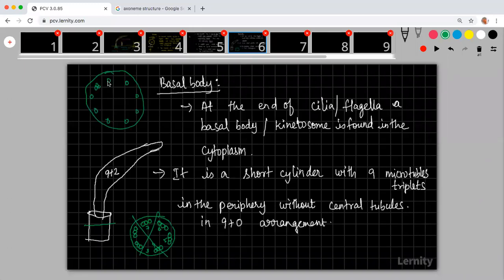It is arranged as a triplet, three things together. This is the periphery. Periphery means the outer covering. But there is nothing in the center. So this is called a 9 plus 0 arrangement.